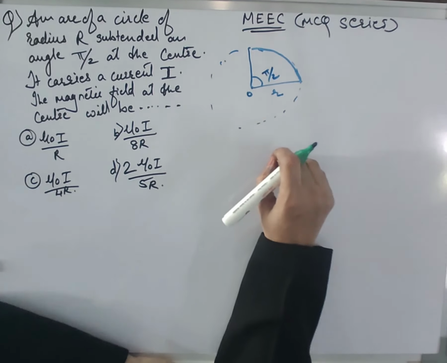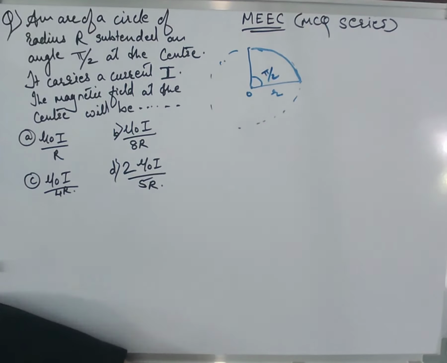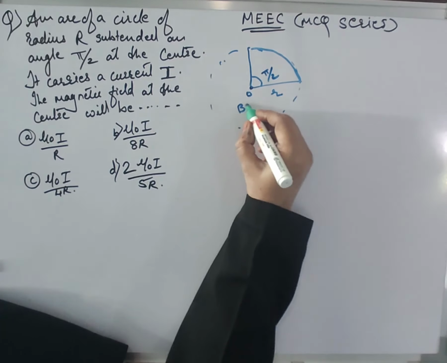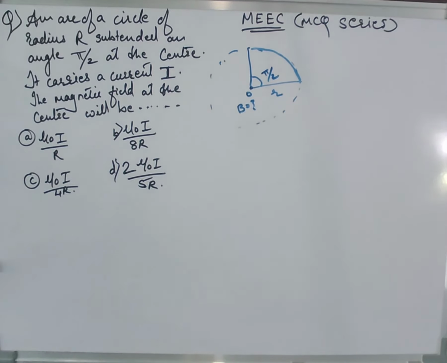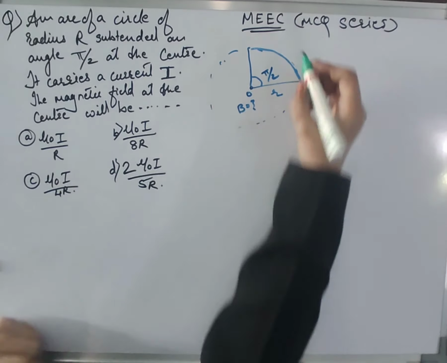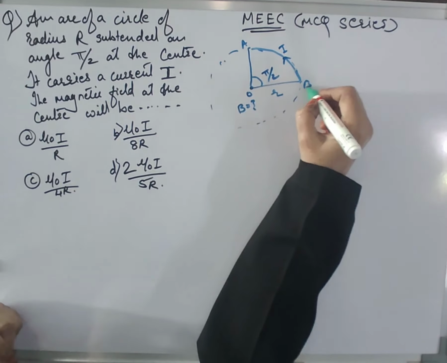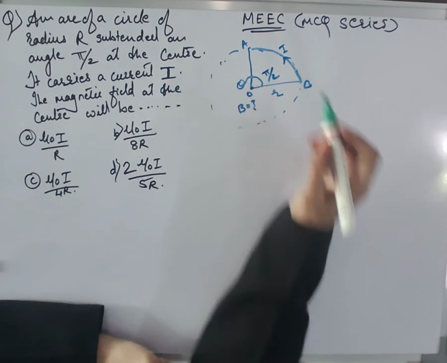It carries a current I. The magnetic field at the center will be, so here we have to find B at this point, the magnetic field. The current is flowing in this direction. This is point A and this is point B, for our ease.